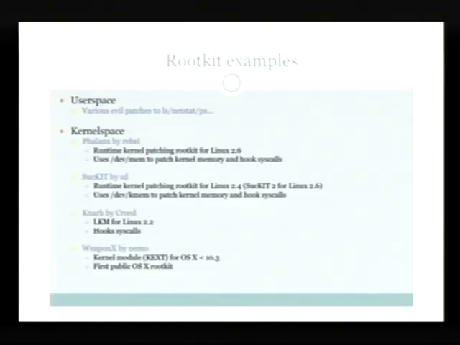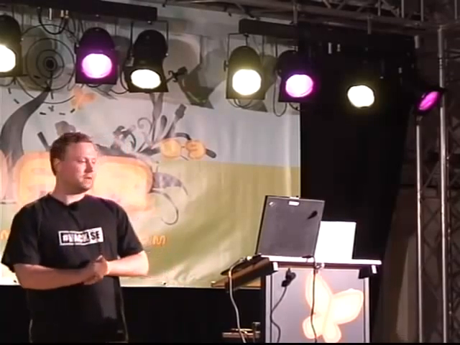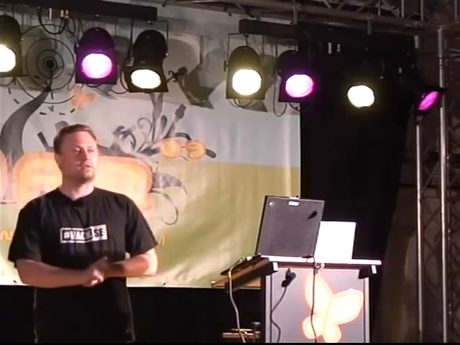There's also a number of rootkits for Windows. We would like to mention Phalanx by Rebel, a Swedish guy, Suckit, of course, Knark by Creed, also a Swedish guy, and Weapon X by Nemo, which was the first rootkit that I looked at for Mac OS X, which also inspired me to investigate this further.